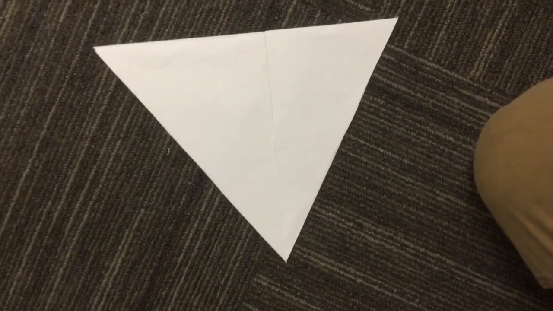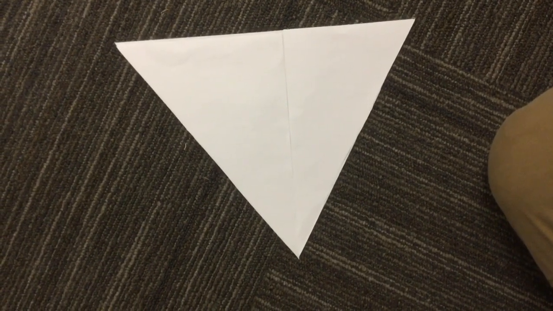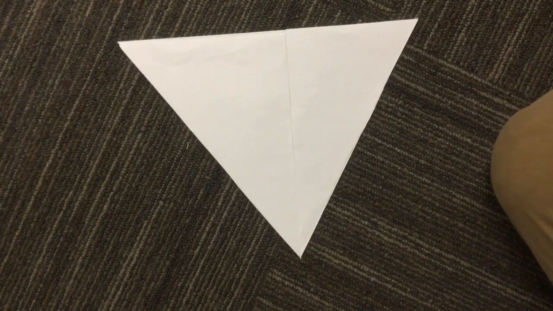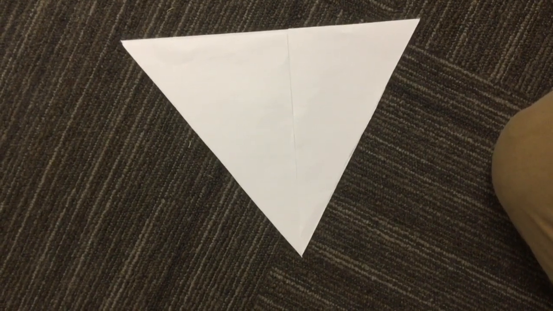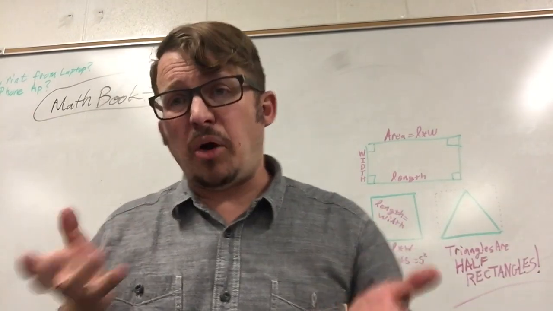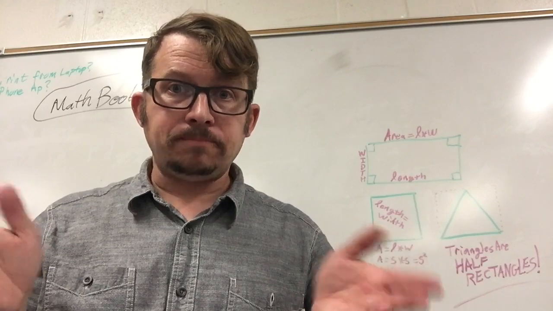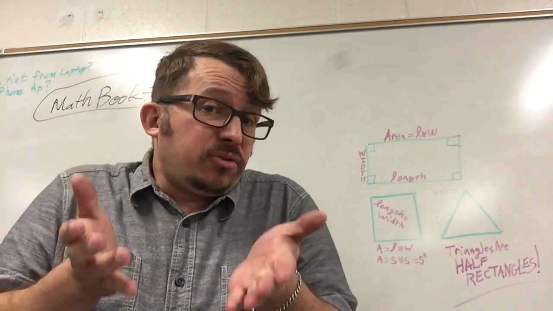Check that out. The scalene triangle is equal to half of the sheet of paper. All triangles are half rectangles. So I've just spent a lot of time talking about how all triangles are half rectangles. Why bother? Because you know how to find the area of a rectangle.